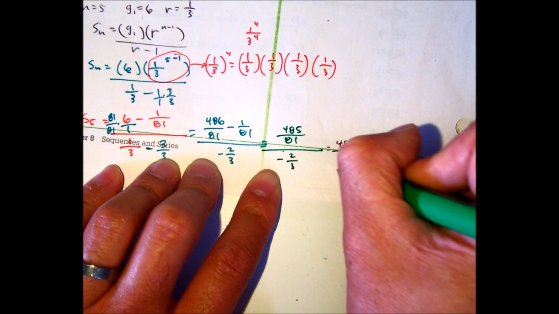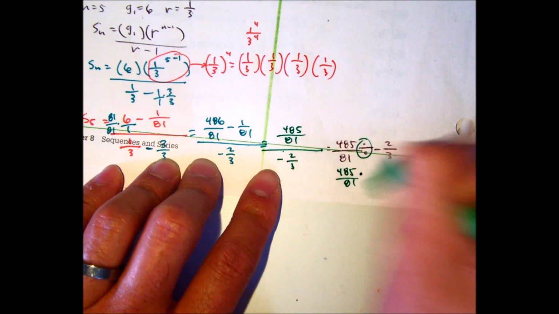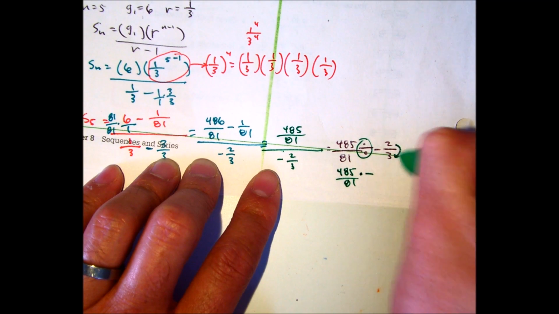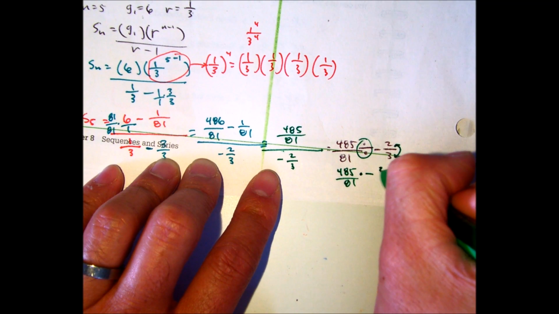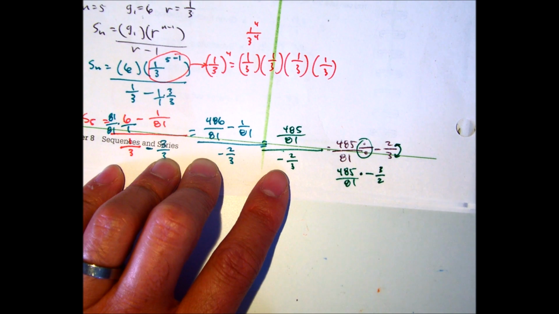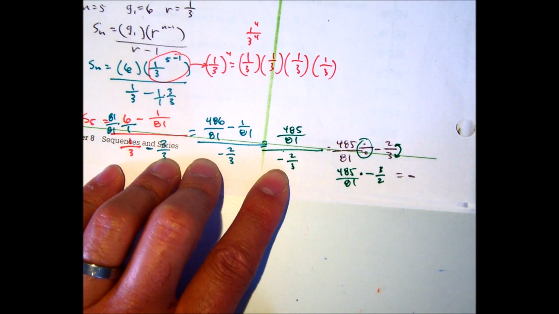To multiplication. So that's 485 over 81, and you're going to have to take the reciprocal, which is 3 over 2. All I need to do now is just multiply across, and I have my answer.